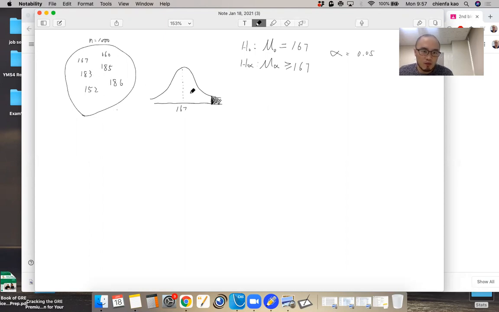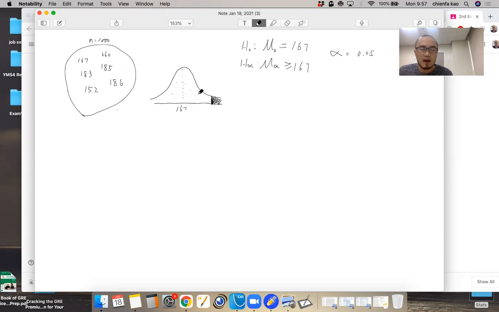So this point would be right here, and some points would be over here. So we randomly select a bunch of points. Most of the time, it should be around 167. So a lot of the times that we select it, it will support the null hypothesis that the average height is 167.